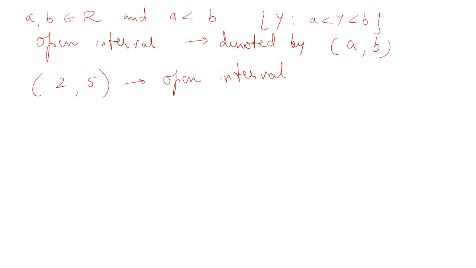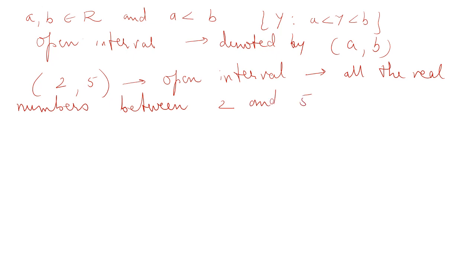So we say that all the real numbers between 2 and 5. When I am using the word between, it means excluding 2 and 5.